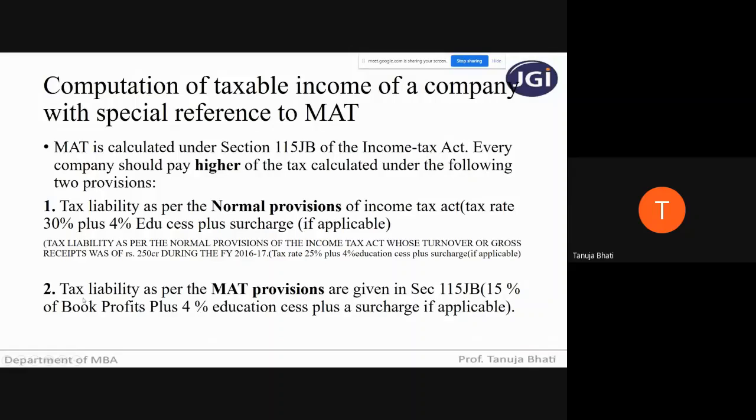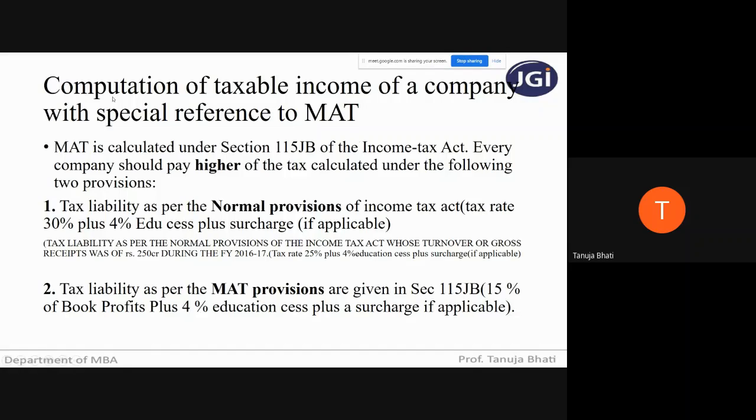Second step is to calculate the tax liability as per the MAT provisions, which is given under section 115JB. That is 15% of book profit plus 4% education cess plus surcharge if applicable. First you have to add surcharge, then education cess, but surcharge only if applicable and education cess in all the given situations.